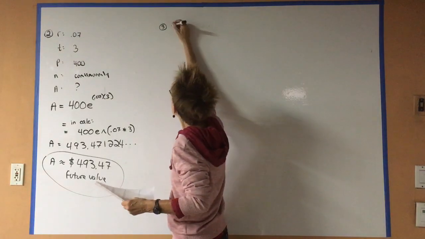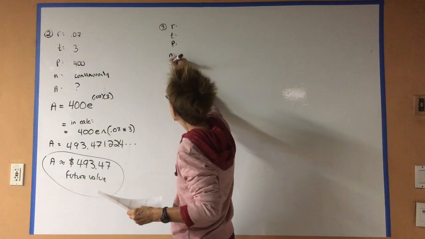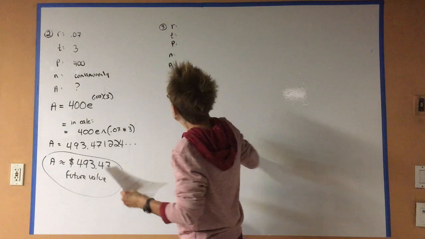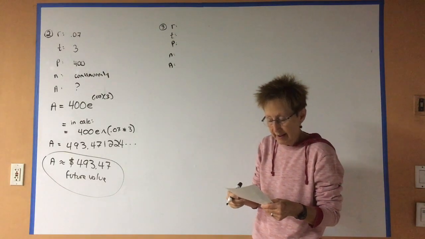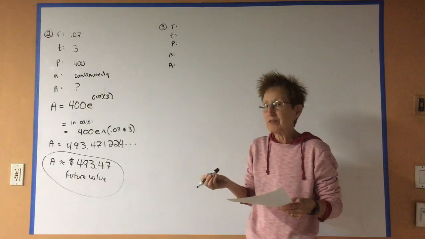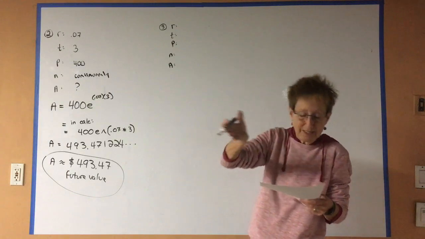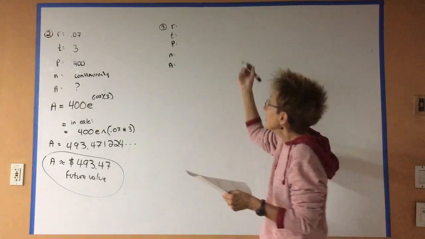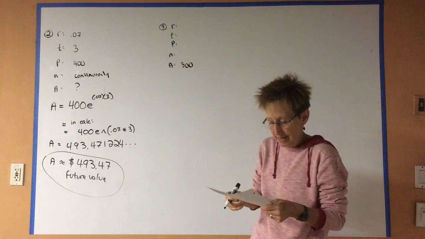So again, I'm going to think about my r, my t, my P, my n, and my A. So what do we know here? It says Joe needs to have $300 after 4 years. So is that $300 how much money he has right now? No, that's how much he wants to have after 4 years. So 300 is the future value, so it's my A.